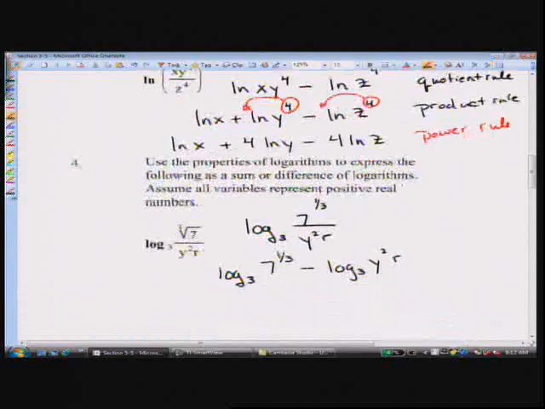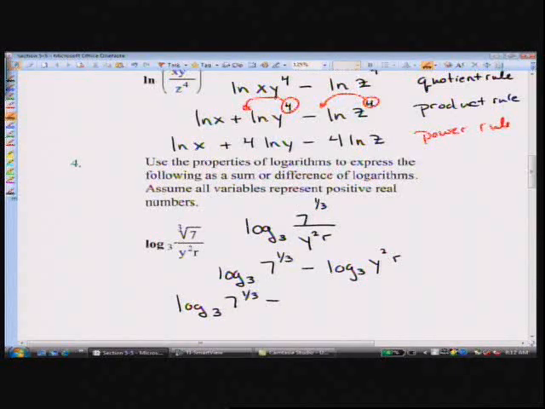Now I still have both the power rule and the product rule to use. I'm going to choose to use the product rule first. So this will be log base 3 of 7 to the 1/3 minus, and be careful here because I'm subtracting this entire product. So this is going to be the sum here, log base 3 y squared plus log base 3 r.